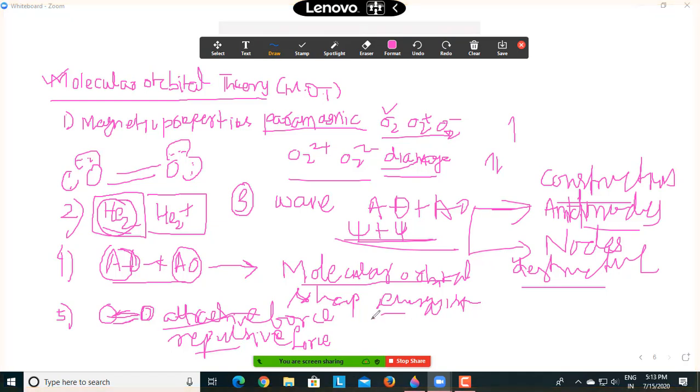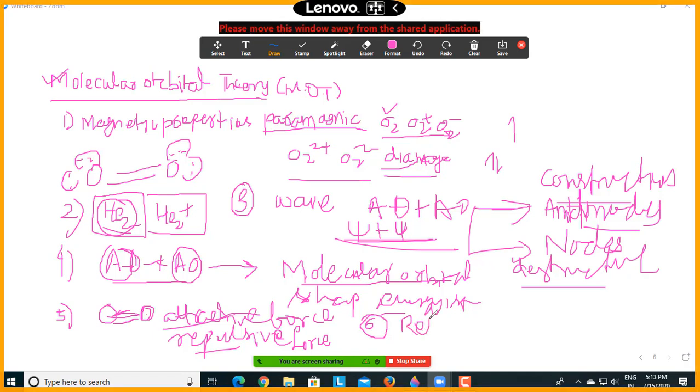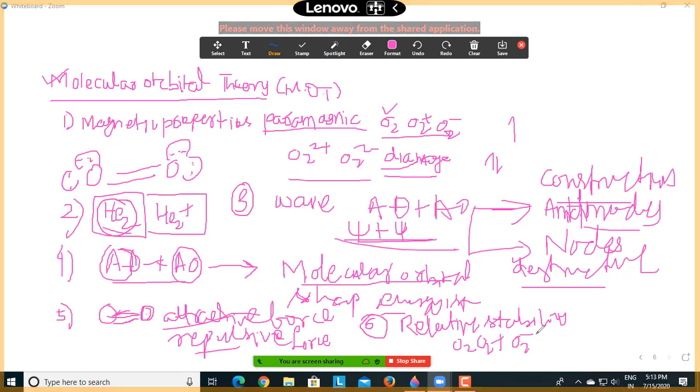Then point number 6, you write. Relative stability of different ions. Which ion is it? O2, O2 plus, O2 minus, O2 2 minus.